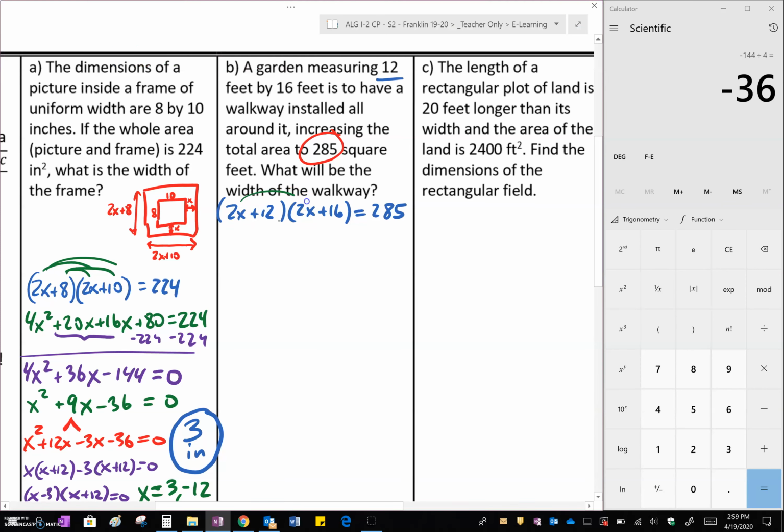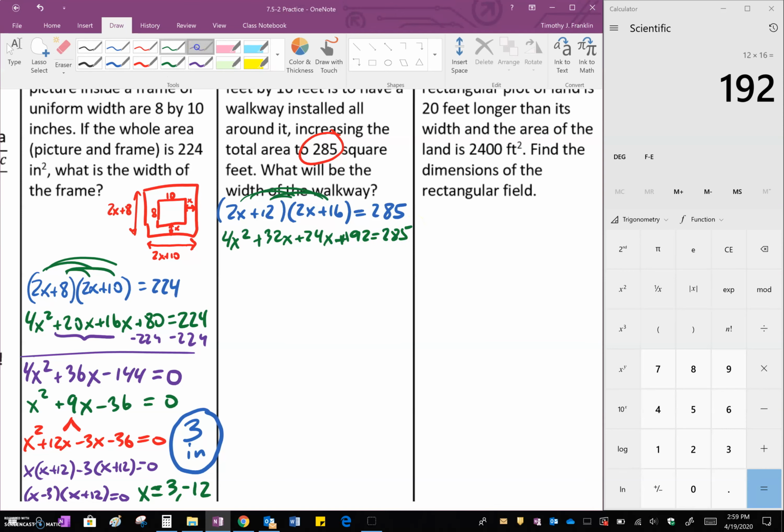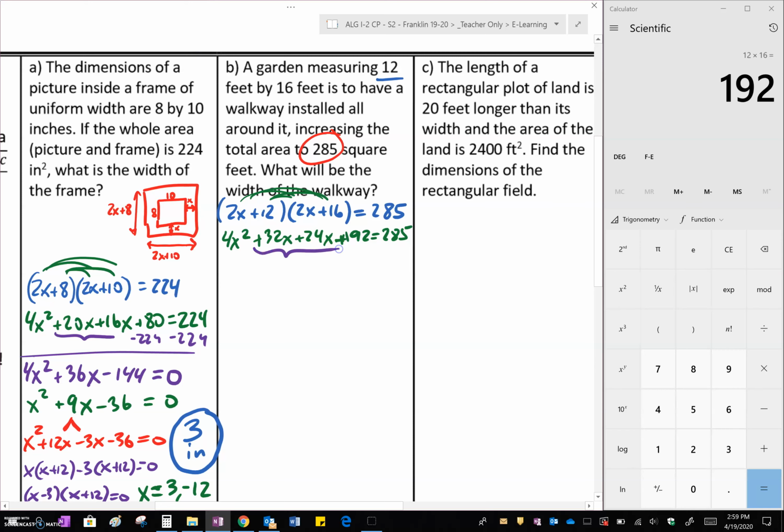We get 4x squared plus 32x plus 24x plus 12 times 16 is a big number, 192, equals 285. Got to do some simplifying here. So 4x squared, we'll also subtract 285.